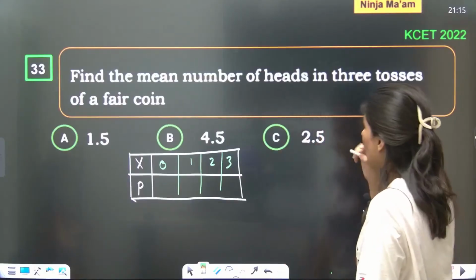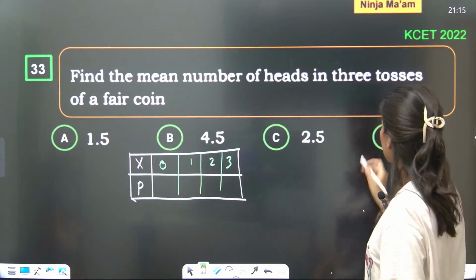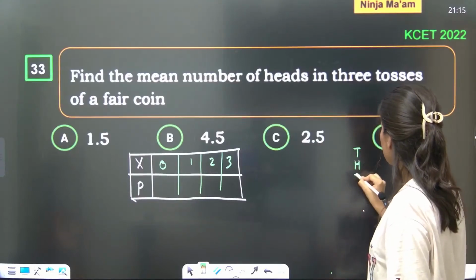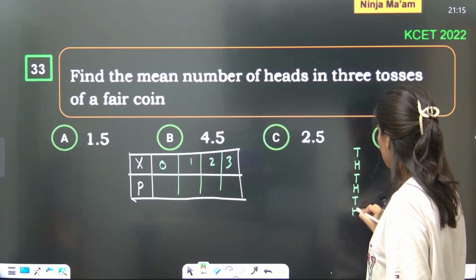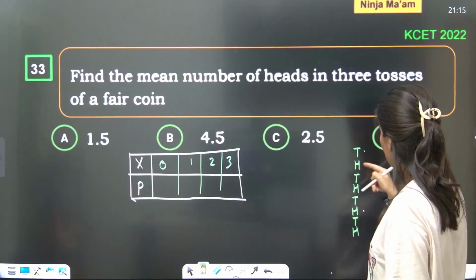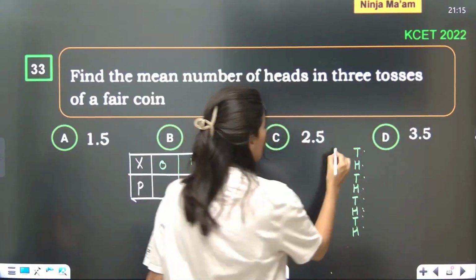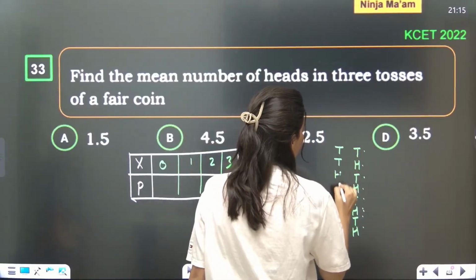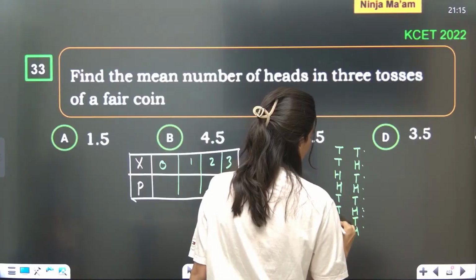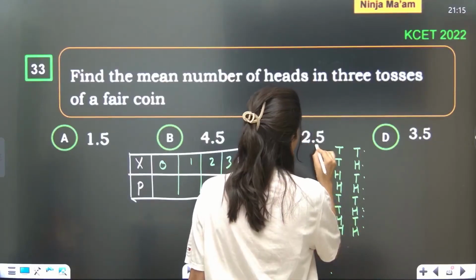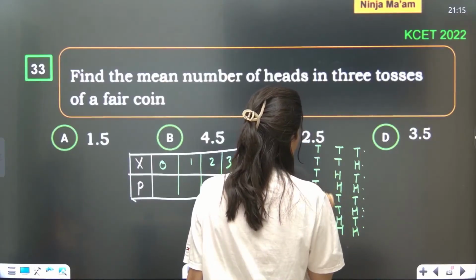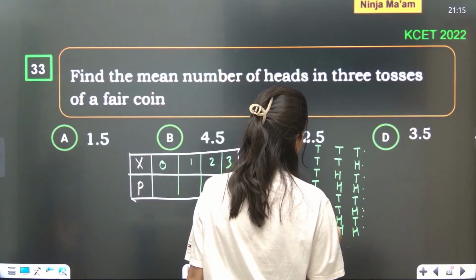Now first of all, let us write the total number of outcomes: TTT, TTH, THT, and so on. 1, 2, 3, 4, 5, 6, 7, 8. 8 are the total number of outcomes.